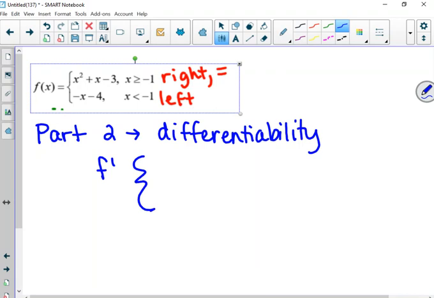In order to do the differentiability proof, we have to be able to write the derivative. So, my first part, x squared plus x minus 3, has derivative 2x plus 1. That's my derivative when x is greater than or equal to negative 1. The derivative is negative 1 when x is less than negative 1.